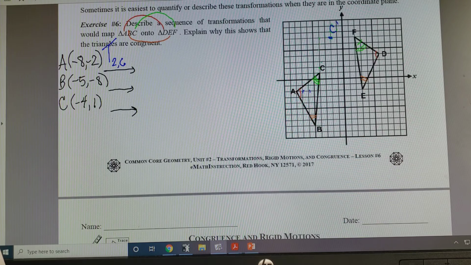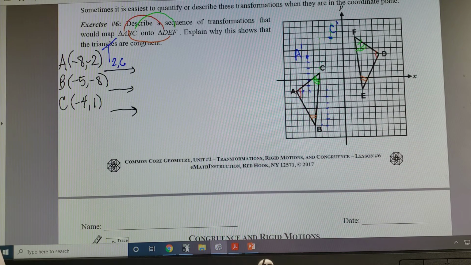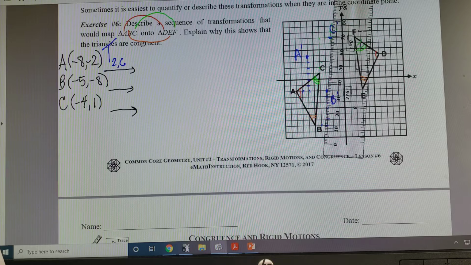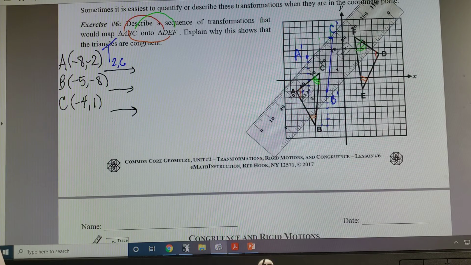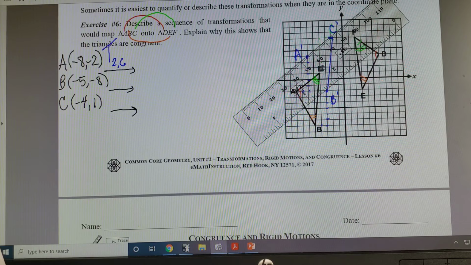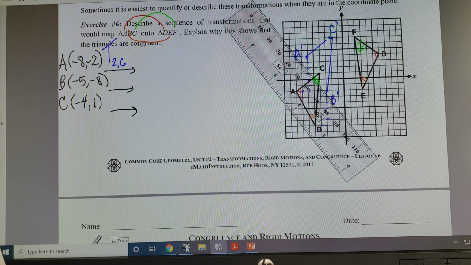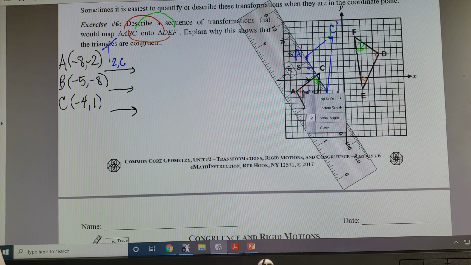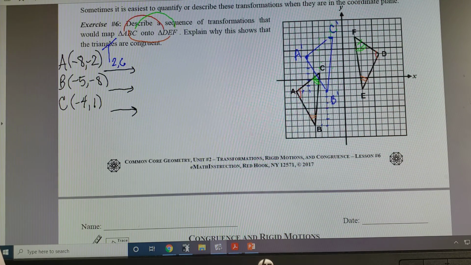So 1, 2, 1, 2, 3, 4, 5, 6. And then I'm going to connect these.